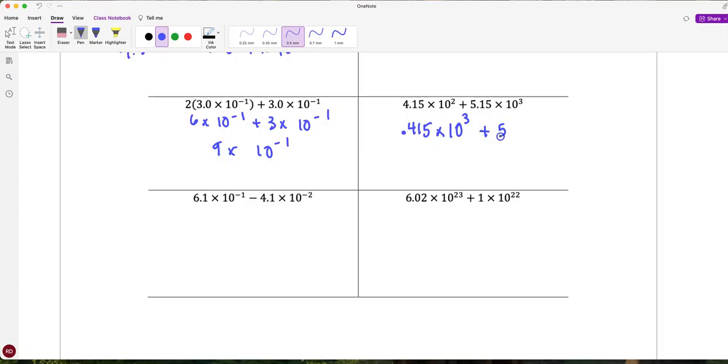Plus 5.15 times 10 to the 3rd. Now I have like terms. I can just add these together. 5.15 and 0.415 is 5.565. So 5.565 times 10 to the third power.